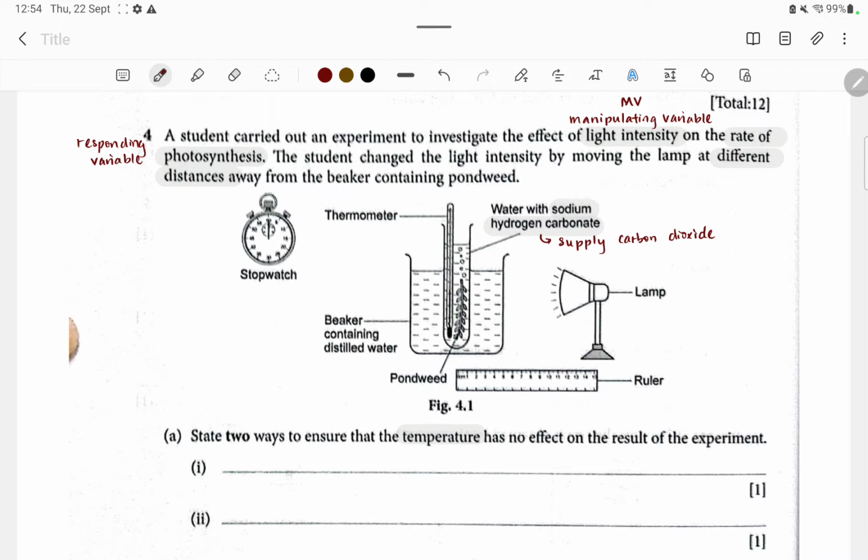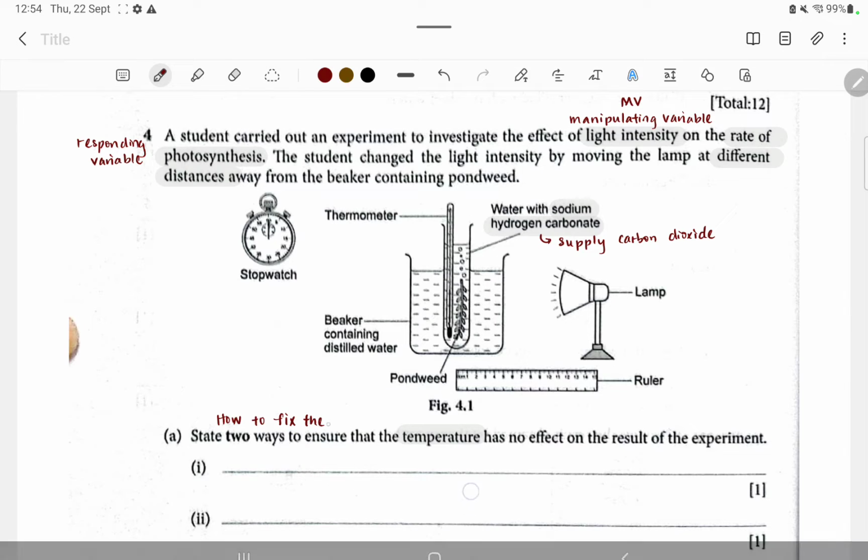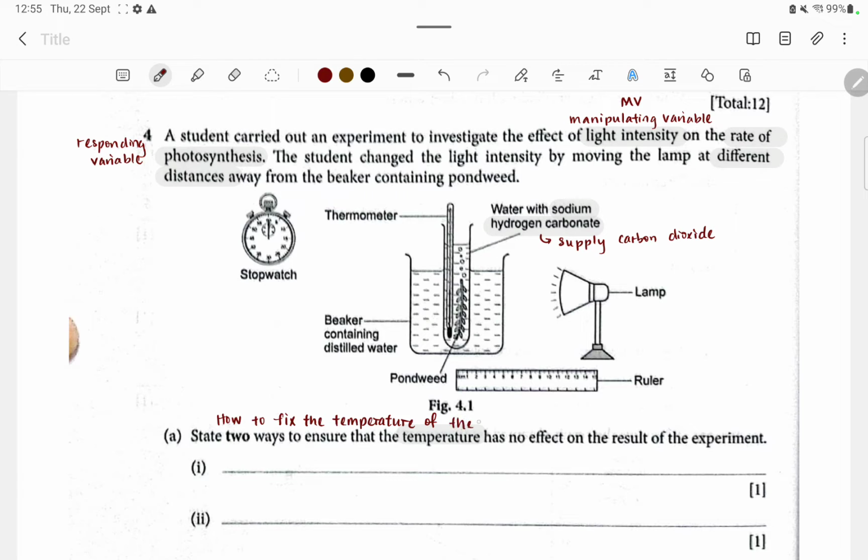The other way that they ask this question is how to fix the temperature of the experiment. Okay, so we have several ways.